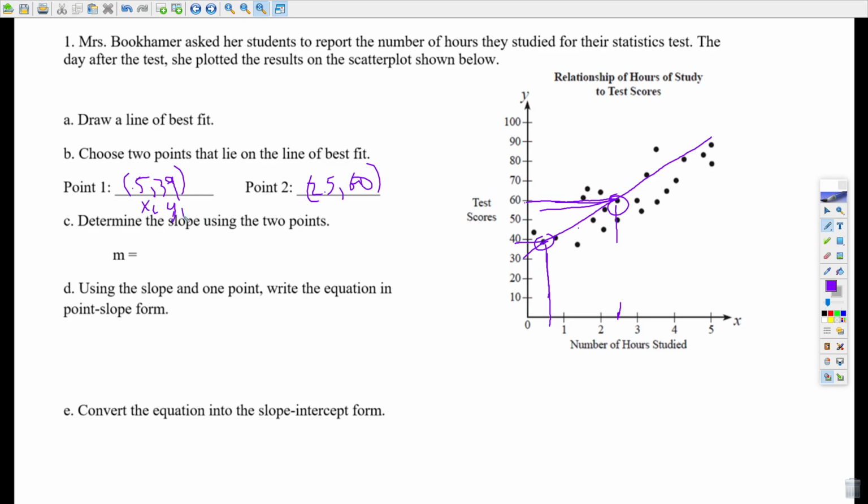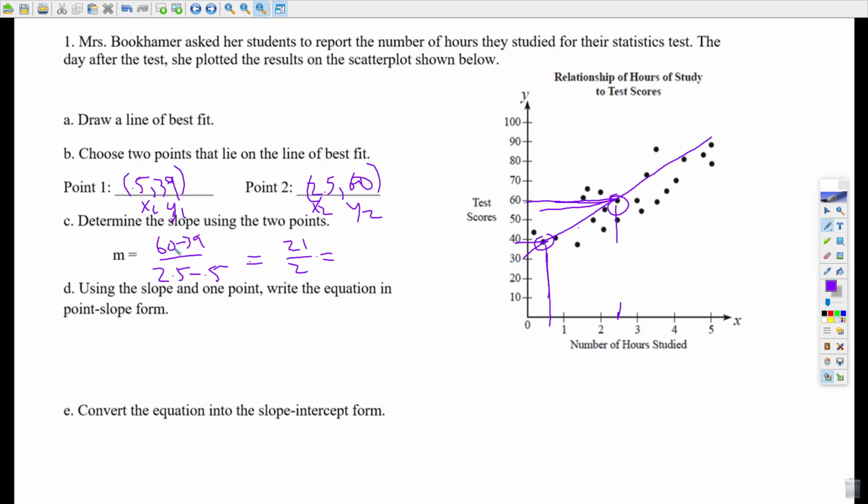X1, Y1. So I'm just going to quickly go through this and not really talk in depth about it, because you should know how to do this. 2.5 on the bottom minus 0.5. And 60 minus 39. So that's like 21 over 2.